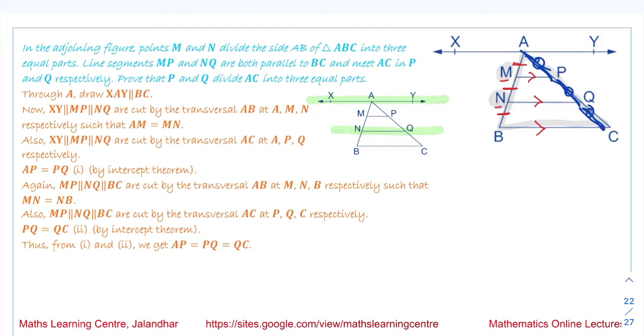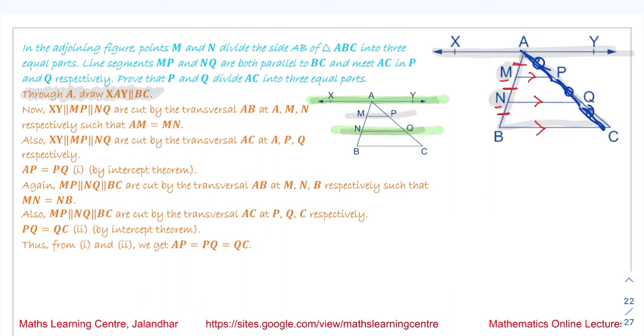We have to prove that these three lengths, AP, PQ and QC, are equal. So first of all, we have done the construction over here, that is, through A we have drawn a line XAY parallel to BC. Now look at these three lines: the line XY, MP and NQ.